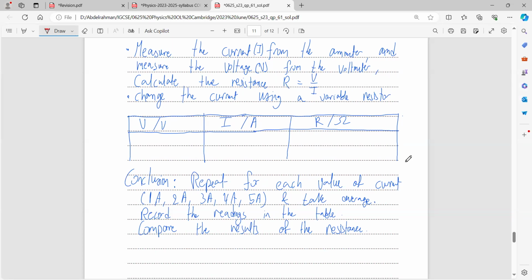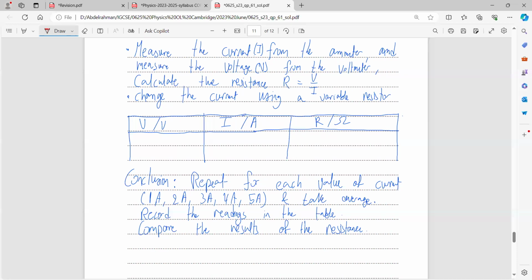Can I say the voltmeter and ammeter are 0? Yes, you have to say that they are set to 0, that the readings on the voltmeter and the ammeter are 0. It's just like a stopwatch: if you use it and forget to reset it, it would have a previous reading. The same applies for the ammeter and the voltmeter.